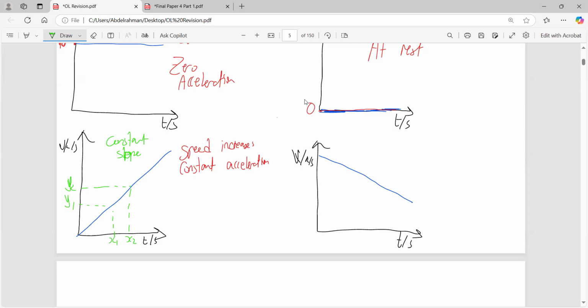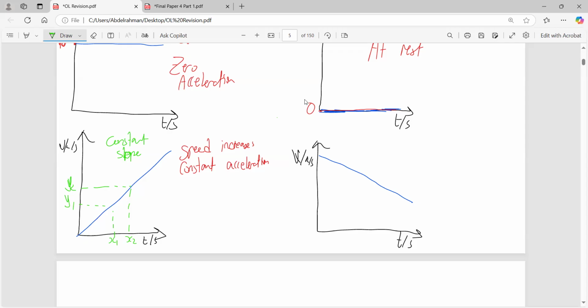Again, please, don't just go choosing any two numbers. You cannot just go choosing any two numbers for finding the slope. You need to choose two points on a straight section. You cannot find the slope by just using y over x, or velocity over time.